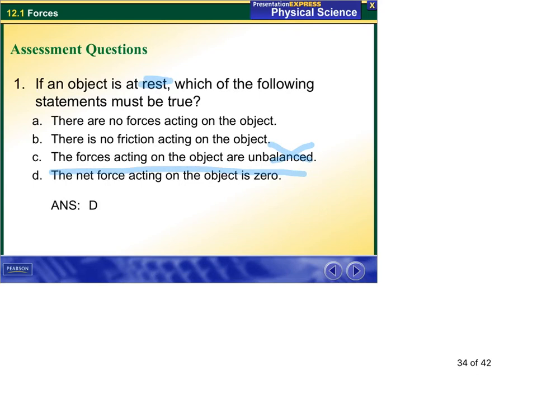And we have no cases where there's absolutely no friction. That's impossible. And we will have no cases where there's no forces acting on an object, because for sure we always have gravity. But the net force is going to be 0.